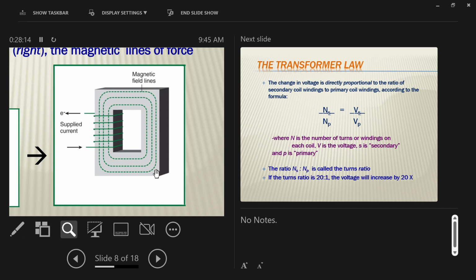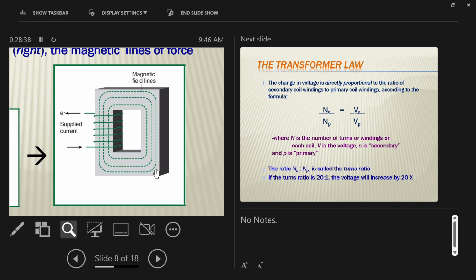This side would have twice the resistance, so the voltage would have to be twice as high on this side. These would both have the same total power, but one side would have one voltage and the other side a different voltage. We would call that a step-up transformer.